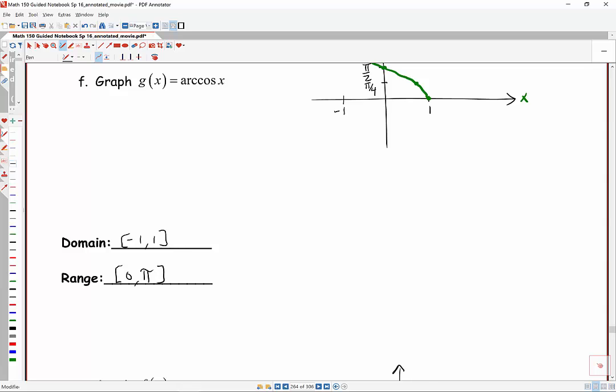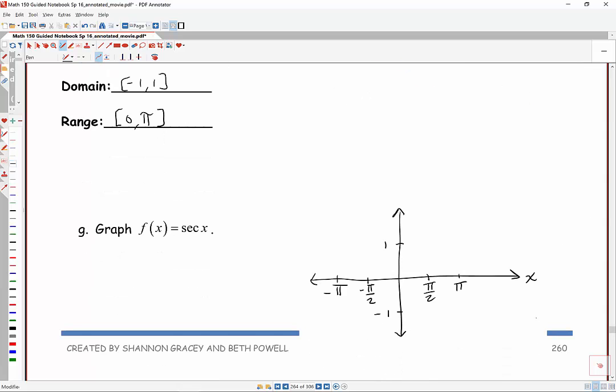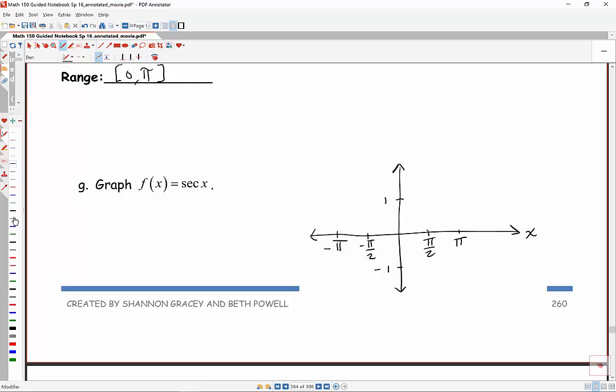Okay, so for our secant function, again, we're going to do a ghost graph, if you will. So 0, 1. So again, we've got a graph looking something like this. Right. This should probably be a little more like this.